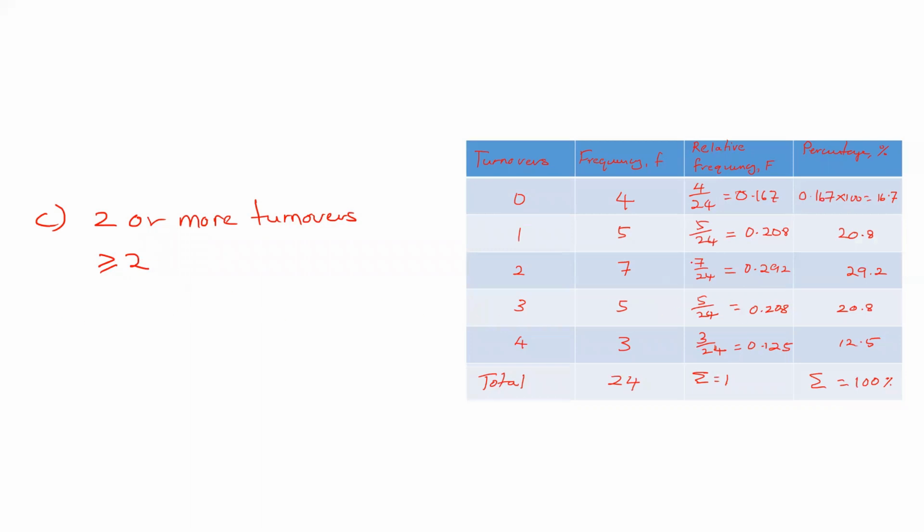From the table, the relative frequency at 2 is 0.292, and for the rest, greater than 2, it is 0.208 plus 0.125. If you total this up, you will get 0.625.